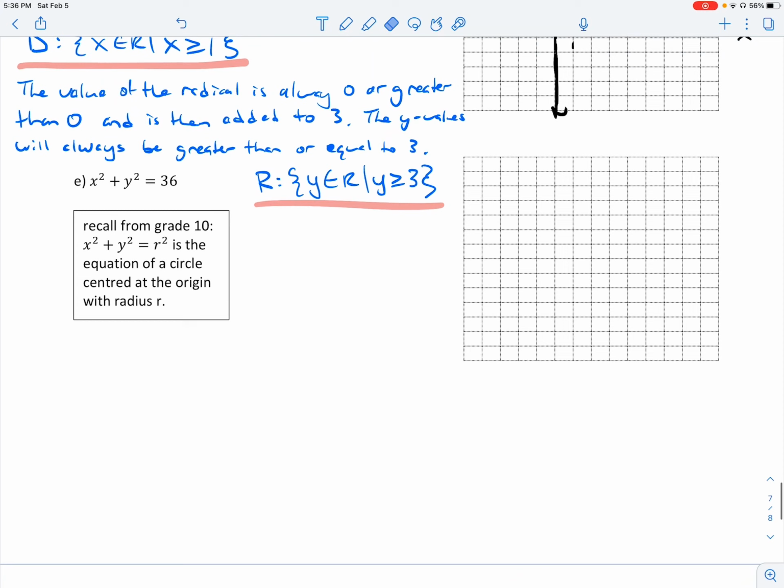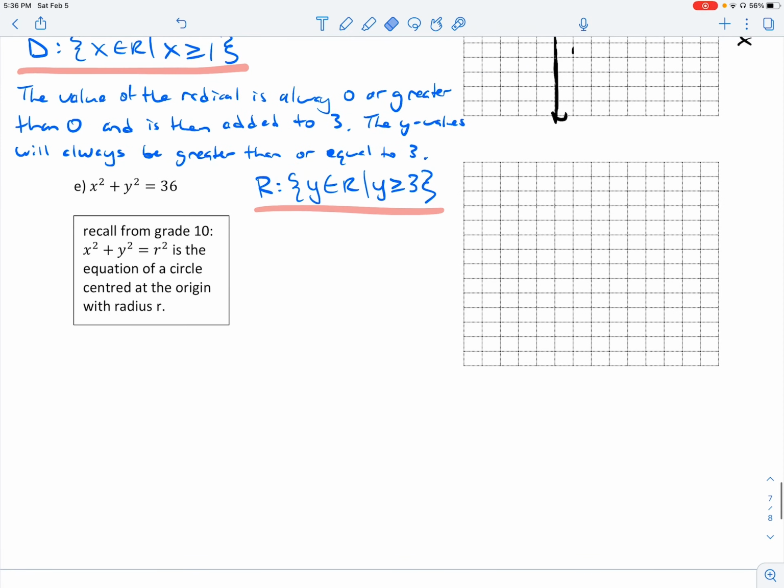Okay, looking at our last graph for this example. I know this has been a bit of a hefty lesson. There's a lot of graphs here. This is the last one. And this one here is special. It is a circle. You might not have seen this in grade 10, depending, but circles always have this form: x squared plus y squared equals r squared, where r is the radius of the circle.